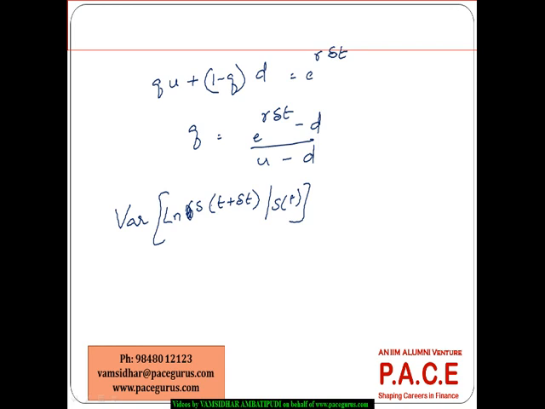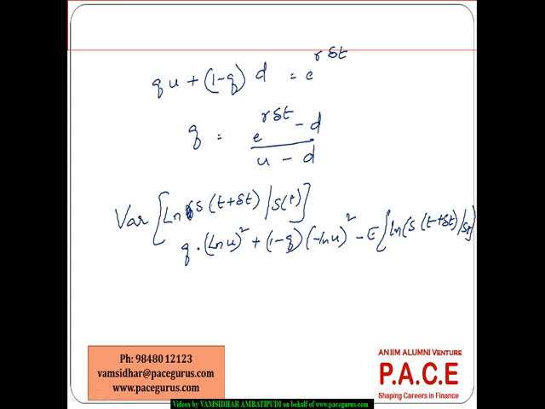So it is q times log u squared plus 1 minus q times minus log u squared, minus the expected value of log of S t plus delta t given St, squared.